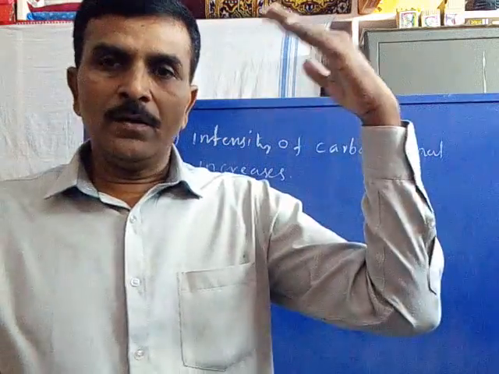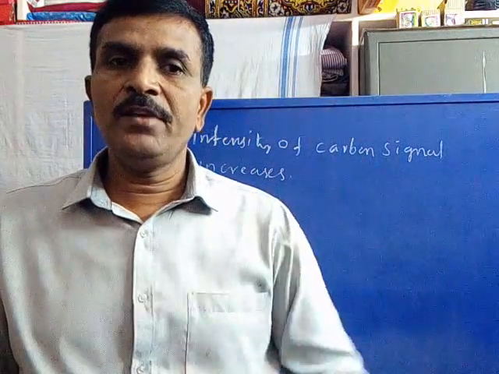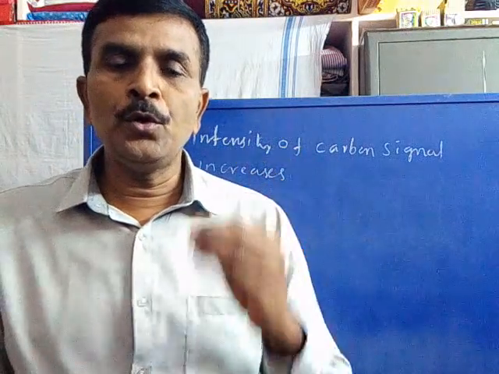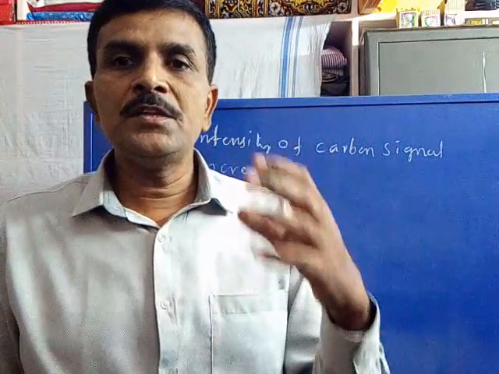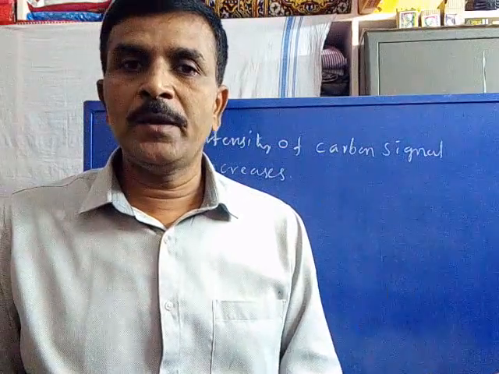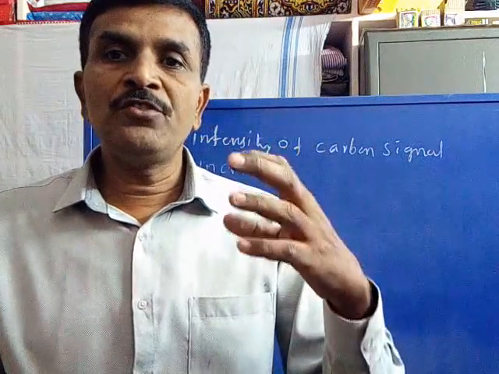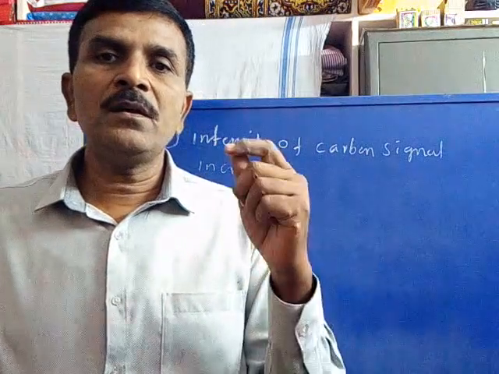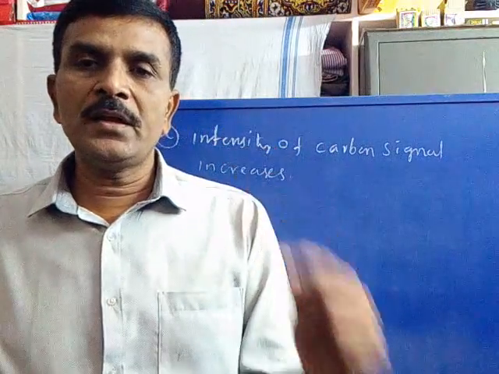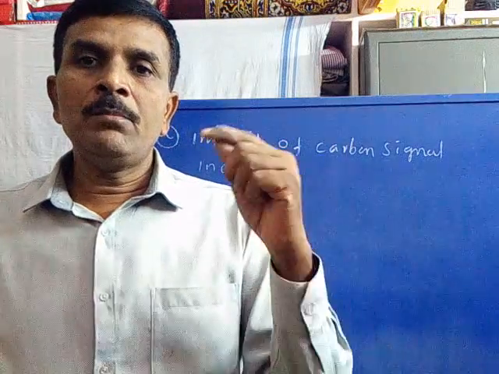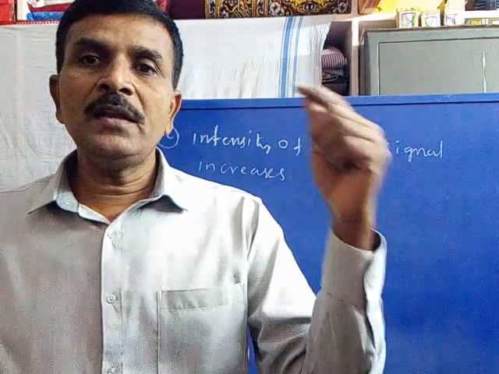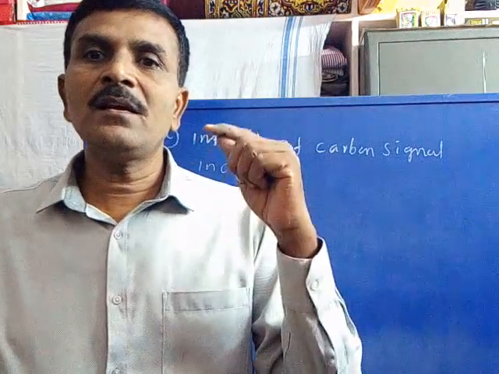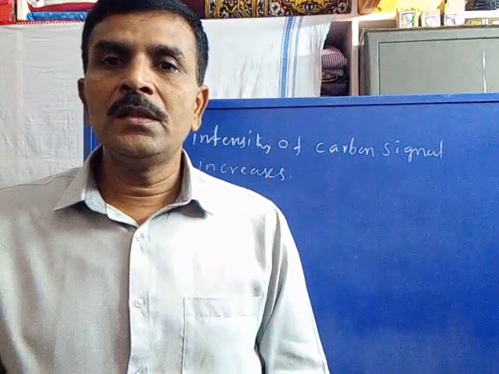Now in the introductory part we discussed that due to the low gyromagnetic ratio and the low natural abundance, carbon is insensitive in the NMR experiment, so low sensitivity signals appear from carbon. Because of the low sensitivity of the carbon signal, we are unable to integrate the signal to get the number of equivalent carbons in each signal. That is the drawback in C13 NMR.